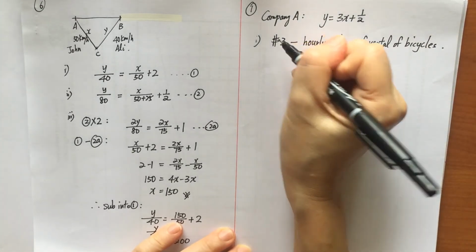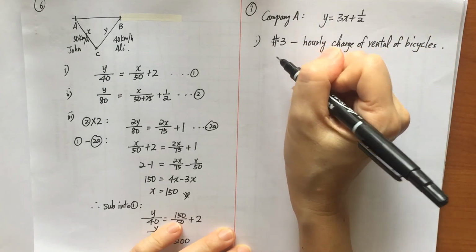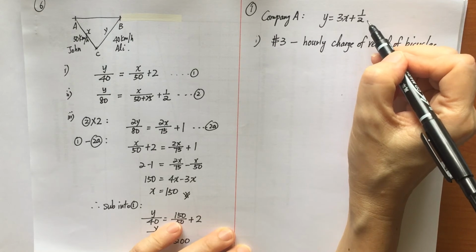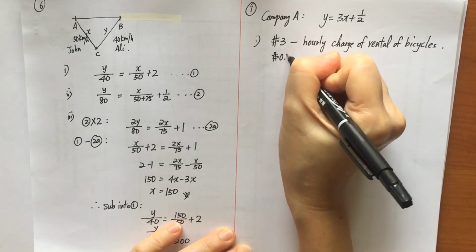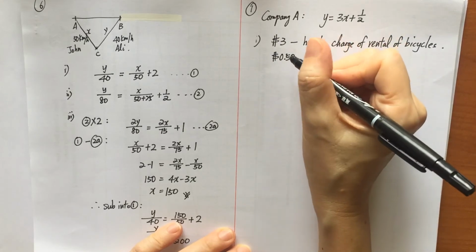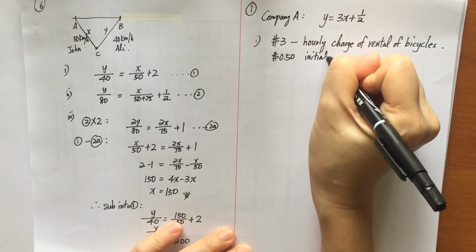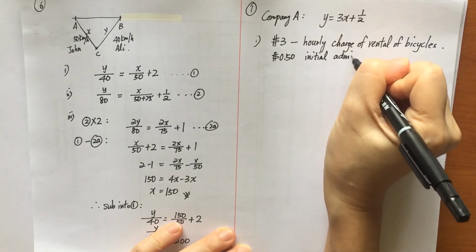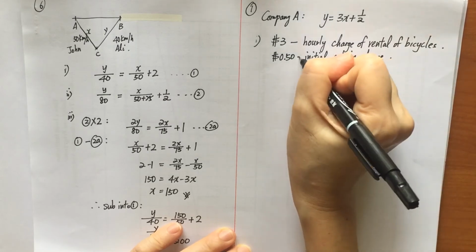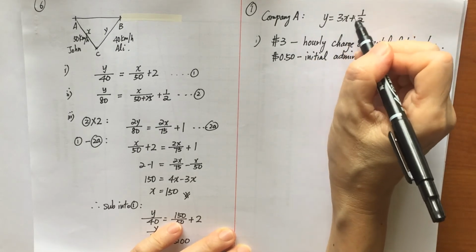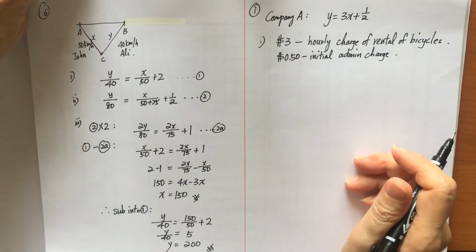And this 0.5 is actually the administration charge, the initial admin charges. So this is a fixed amount. Based on how many hours you rent, times 3, every hour is $3.